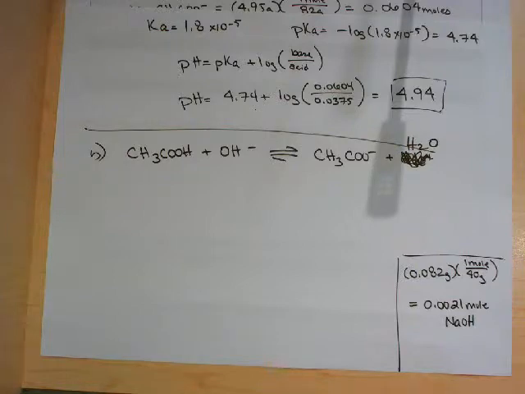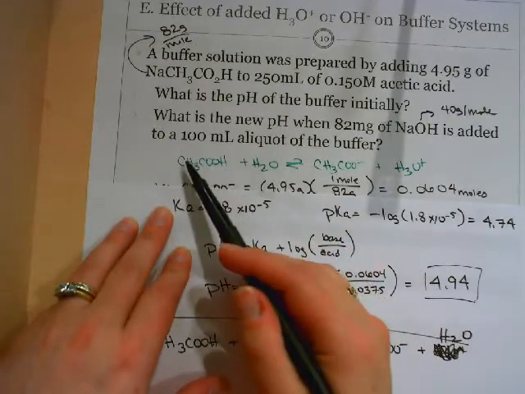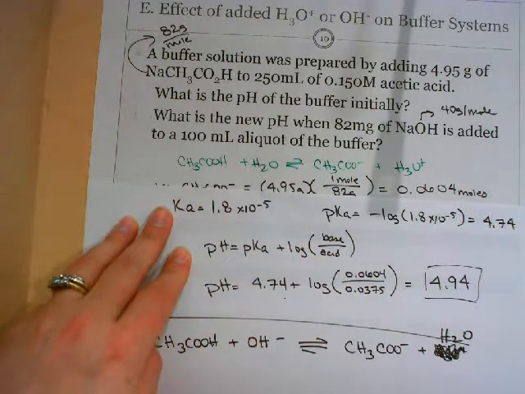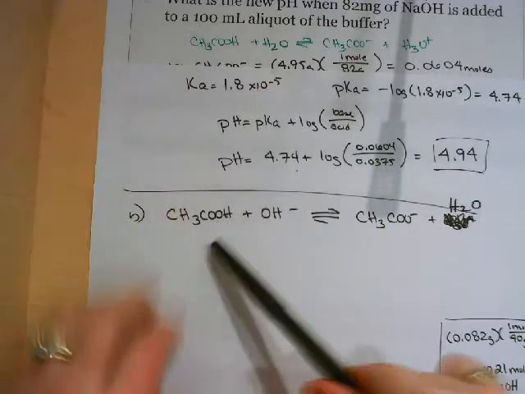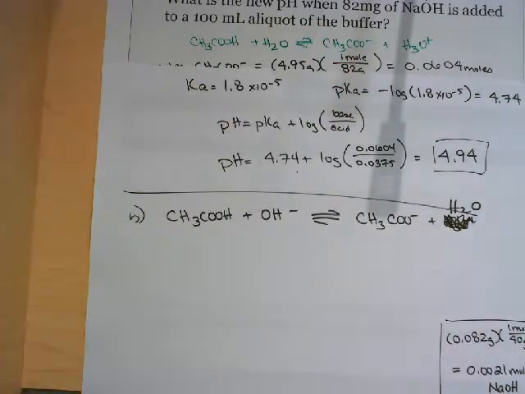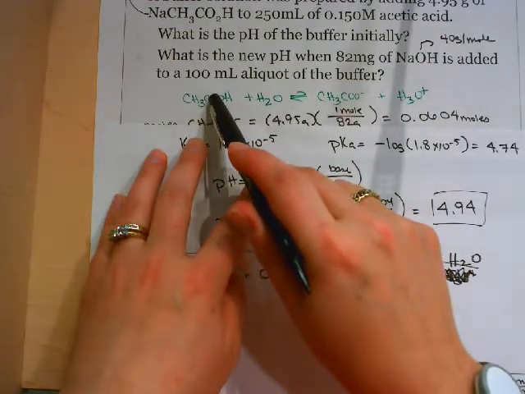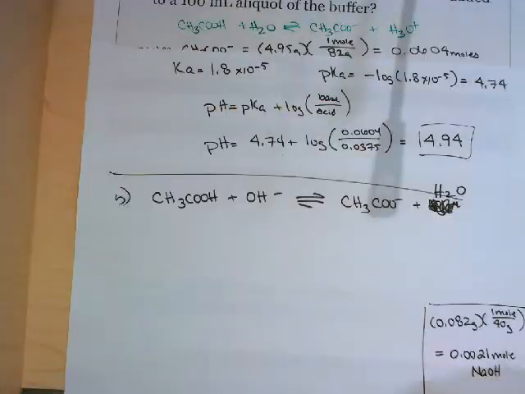Alright. Does this 100 milliliter aliquot matter for my ice chart? If I'm putting it in moles, does it matter how many liters I have? No, it's just in moles. So the moles that were in 250 milliliters are the same number of moles that were in 100 milliliters, which is why we do it in moles.